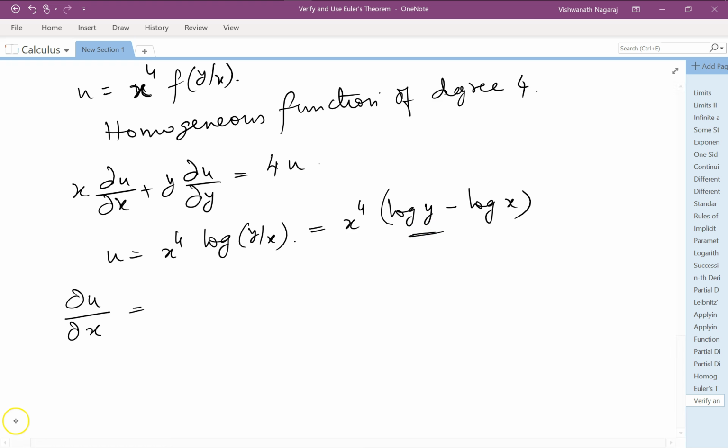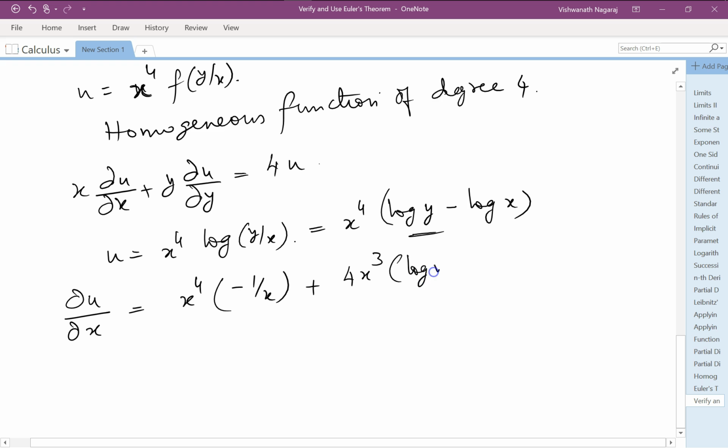So let's partially differentiate this. x to the power of 4 remains as it is, and we differentiate log y minus log x. Log y is a constant because we are differentiating with respect to x. So minus log x gives minus 1 by x. Now, 4x cube times log y minus log x as it is.